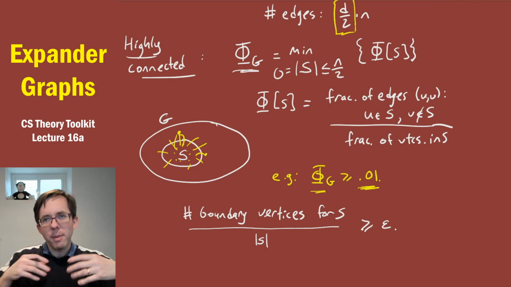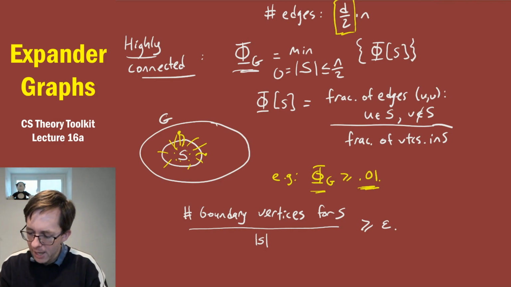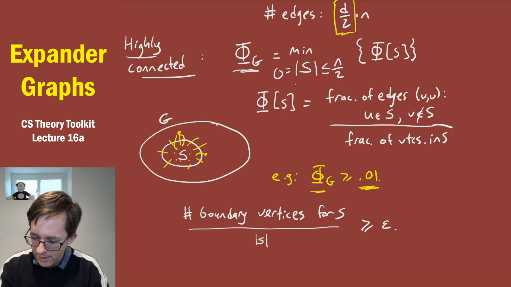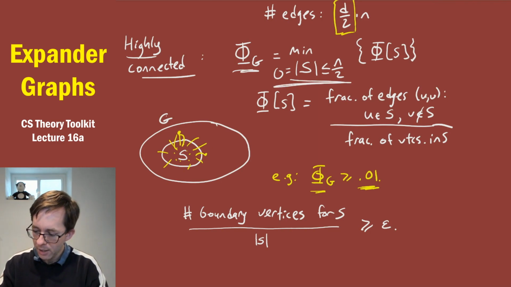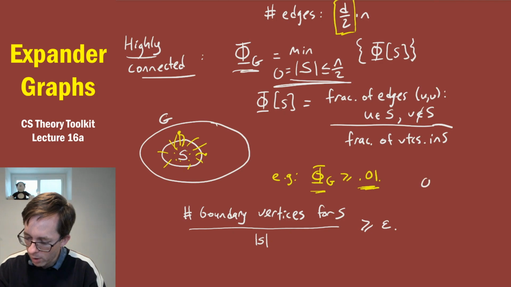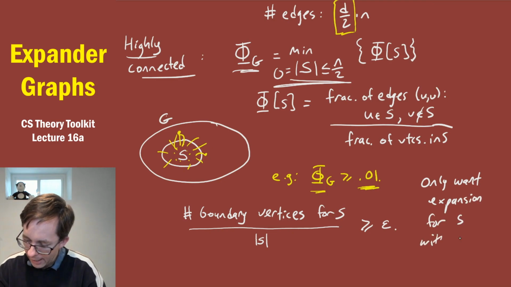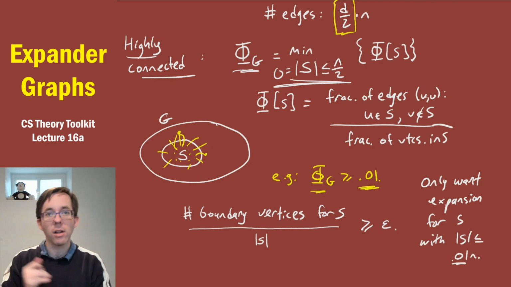But the larger the set is, maybe the harder it is to expand. So maybe sometimes you're a little bit flexible on insisting that the size of the set go all the way up to half n. Sometimes you only want expansion of sets S with size at most 0.01 n, where again this is some fixed constant.